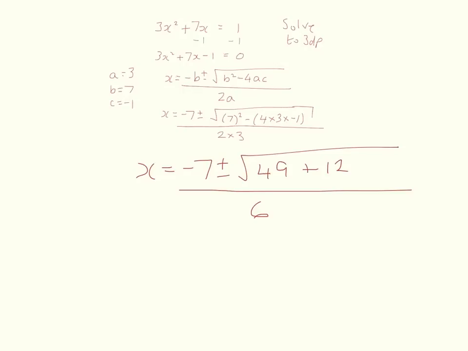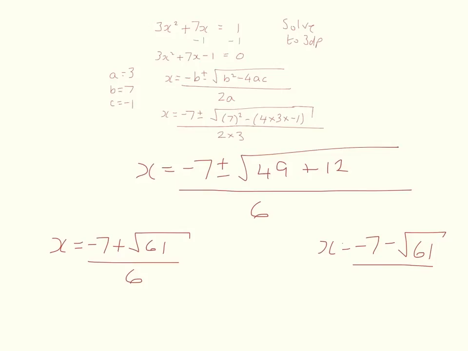I'm now at the stage where I have to split up my answers. Okay, so x can equal minus 7 plus the square root of 61 divided by 6. Or x could equal minus 7, take away the square root of 61 divided by 6.